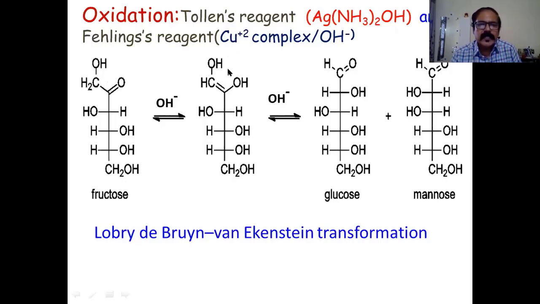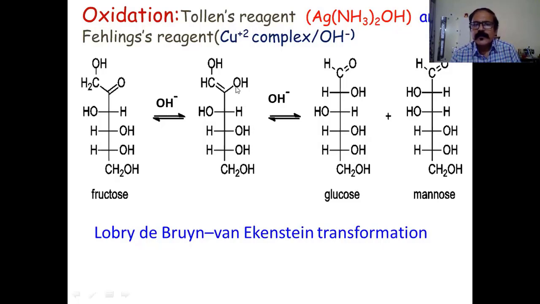This hydrogen will migrate to the carbon, and you will get a C double bond O with H, which is nothing but glucose. So what is happening here? Fructose is converted into glucose in the presence of hydroxyl ions or alkaline state with keto-enol tautomerism. One is the direct keto-enol tautomerism and another is the reverse keto-enol tautomerism. Then you will get glucose.